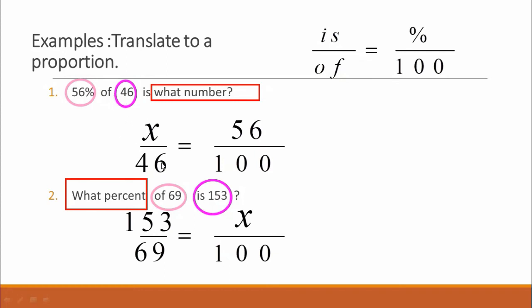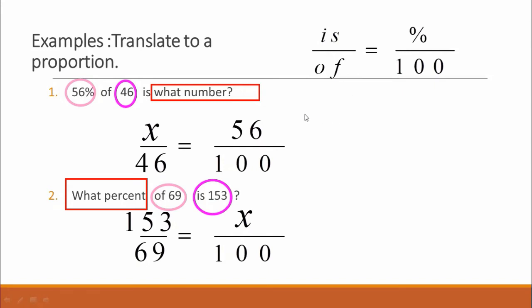So the whole is 46, and is divided by of is equal to percent divided by 100. This is a percent proportion. Equal means the first ratio, of the first two quantities, and the ratio of the other two quantities, the ratio of part and whole and the ratio of percent and 100, are equal. Proportional means two ratios are equal. So the translation for the percentage formula is is divided by of.